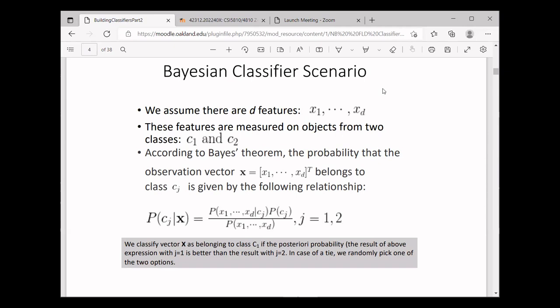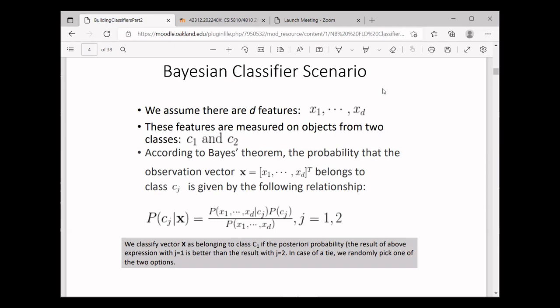All right. So basically what we are doing is, given an observation vector x, knowing what are the a priori probabilities of class 1 and class 2, and knowing how x is distributed, we can apply the Bayes formula to calculate the posteriori probability for class 1 and class 2.